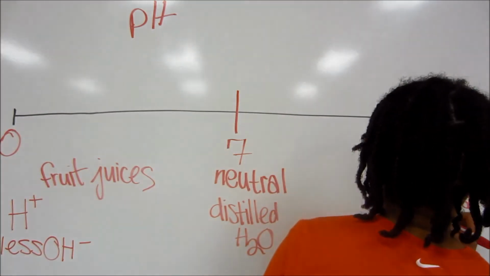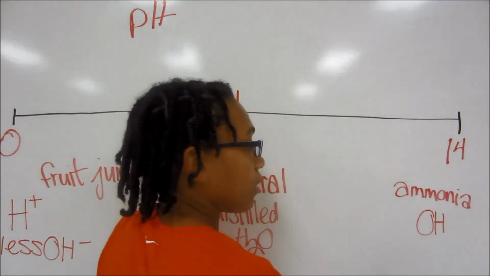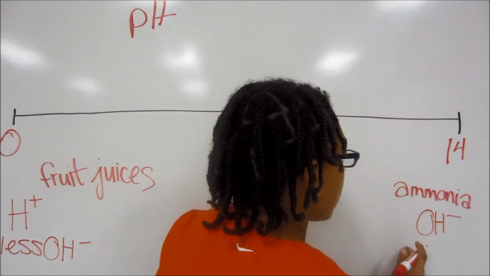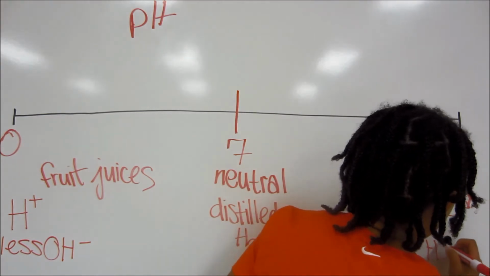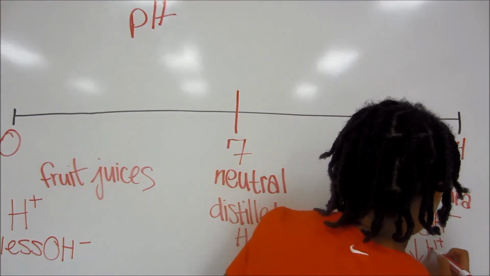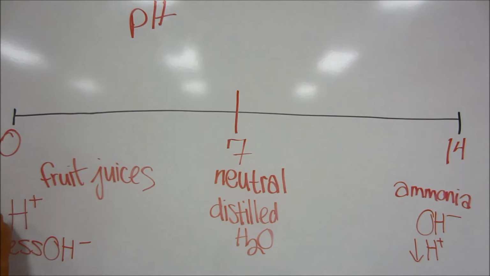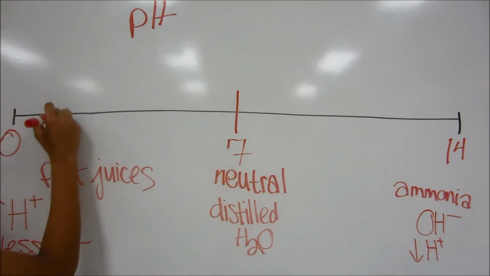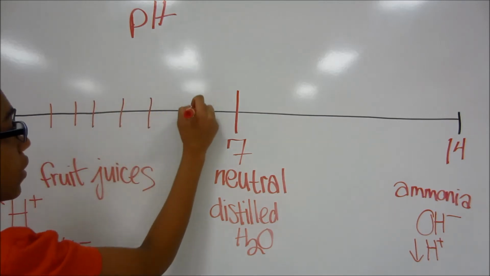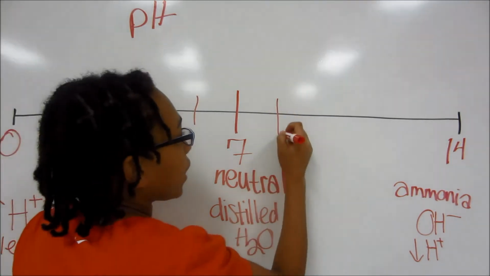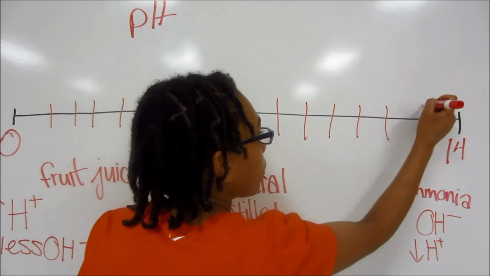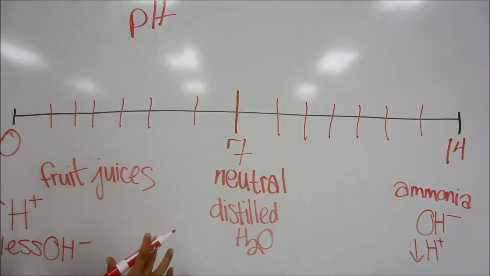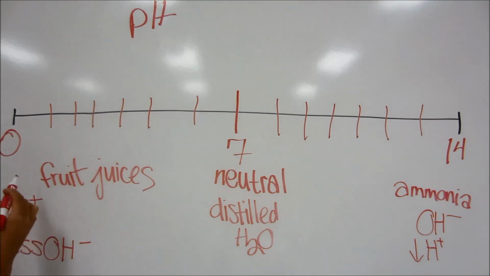It increases in its hydroxide concentration, and it decreases in its hydrogen ion concentration. And so these include the numbers 1, 2, 3, 4, 5, 6, and 7, 8, 9, 10, 11, 12, 13, and 14.